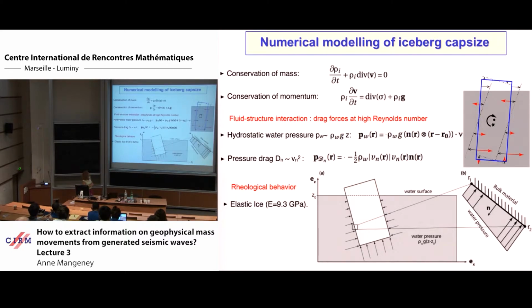We consider the hydrostatic water pressure, so when the iceberg rotates, there is a hydrostatic pressure distribution. And the drag force, we consider it proportional to the velocity squared at the local position. This is something that is done in fluid structure interaction, and at the end of my talk, I will go into the details of that.